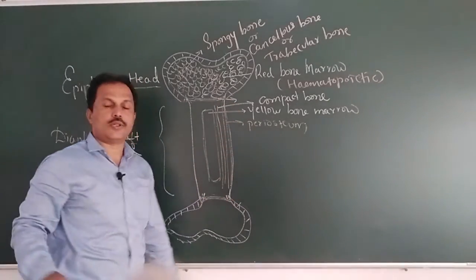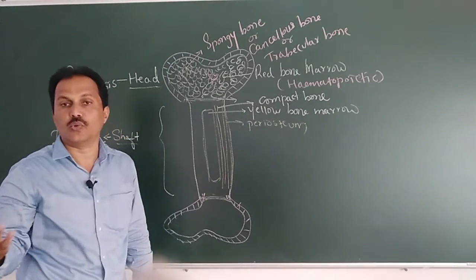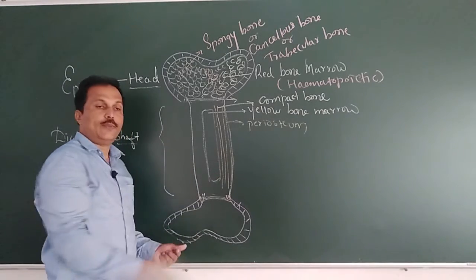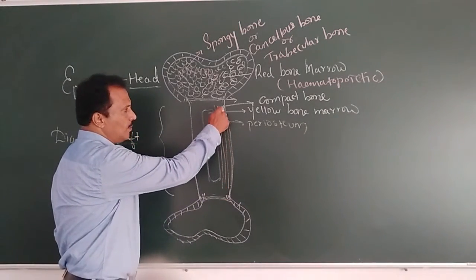In the bony structures you will find such type of grooves. I will use the term grooves. In the compact bone of this shaft region, you will find such grooves.